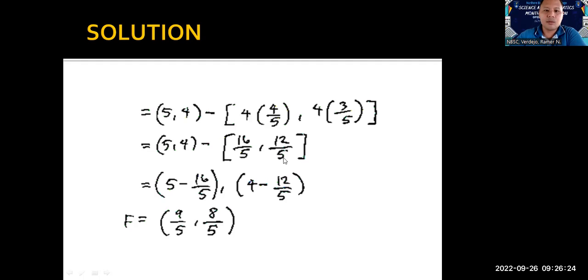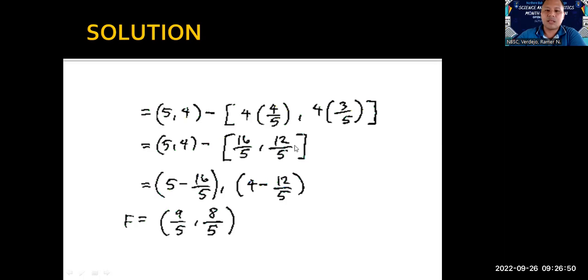Next, we conduct the subtraction. So we subtract from the first component 5 its corresponding first component 16/5, and then we subtract from the second component 4 its corresponding second component 12/5.